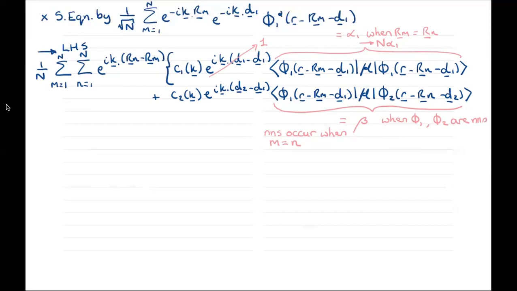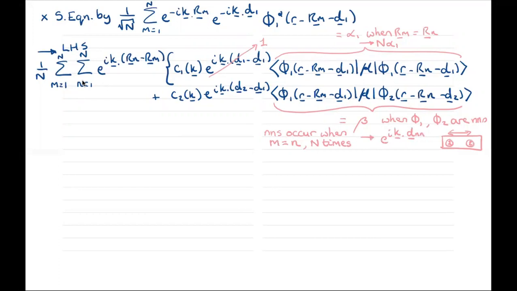And this happens n times. And it gives us in our exponent an e to the i k dot the nearest neighbor distance, where we're looking at the nearest neighbor distance within the unit cell here.